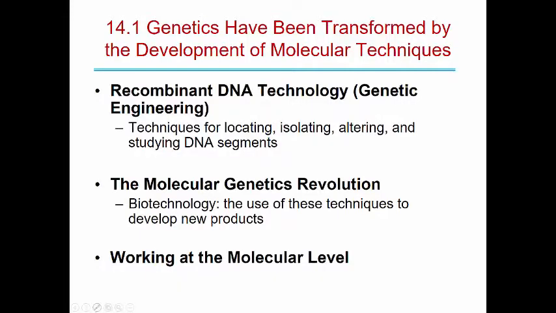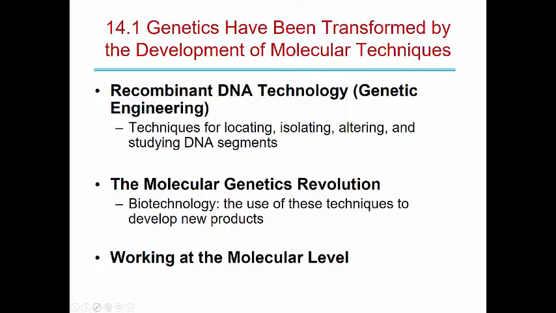So we would say that we're now in the middle of a molecular genetics revolution. This means that the speed of technology has been advancing very fast, and we've been using new techniques not only to advance our scientific knowledge, but also to change things that affect the general public.